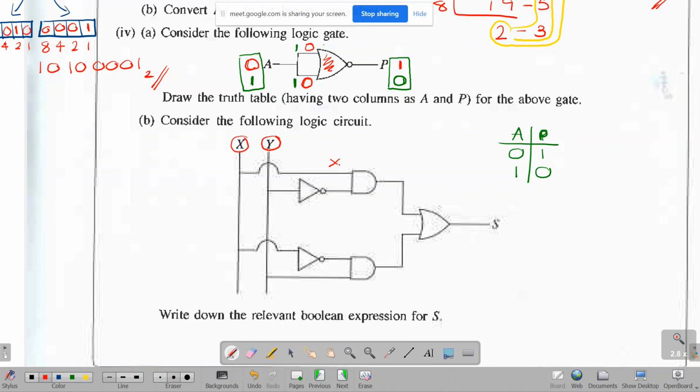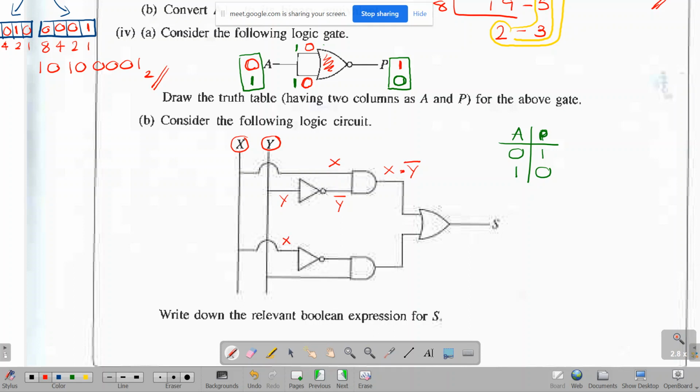So X reaches here, Y reaches here. Here we get Y bar, or Y dash. So this is going to give you X dot Y bar.